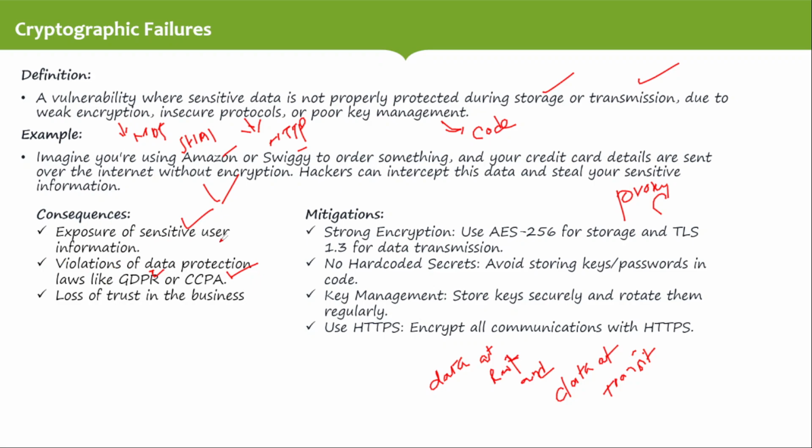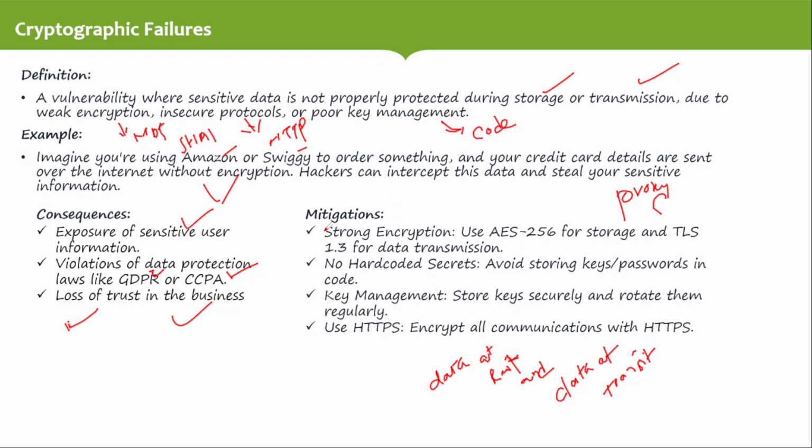If there is no proper encryption for data in transit or data at rest, that could be a violation of these laws. Then there is loss of trust in the business. If customer details are available on the internet, it can cause a loss of trust and impact the sales of the business, like for Amazon or Swiggy.